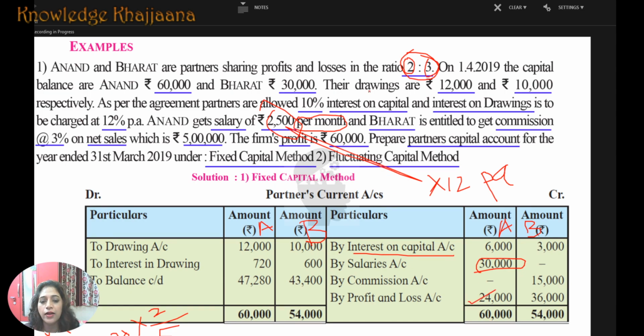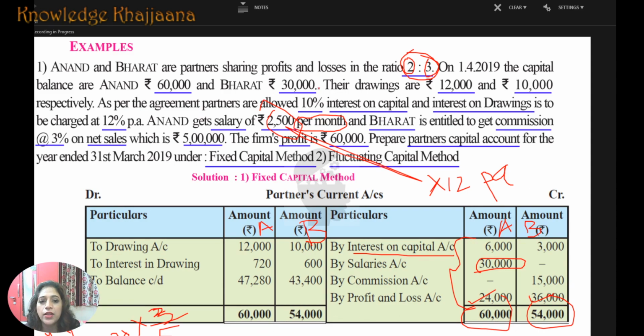And to Bharat it is 3 by 5, so 60,000 into 3 by 5 becomes 36,000. So we have distributed profit also. We have given them salaries. Commission is also given. So the total of this side is 60,000 and 54,000 respectively for A and B. Now we will write the same amount over here, 60,000 and 54,000.